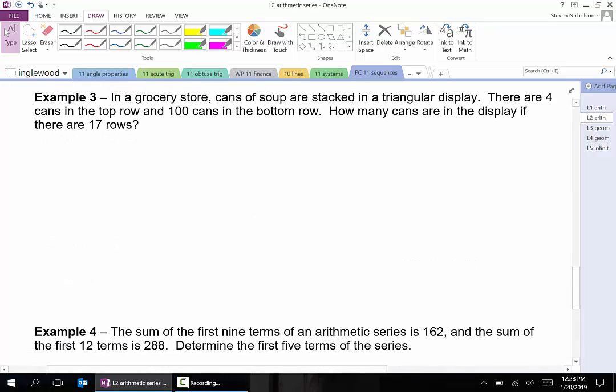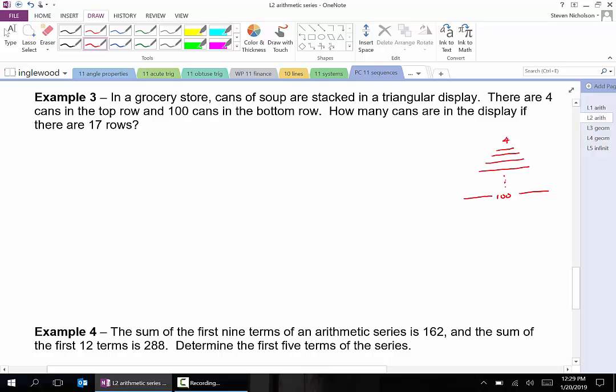So other examples that we usually see in these kind of questions are stacking questions or things like that. So here's another typical one. A grocery store stacks a triangular display of soup cans, and I'm going to kind of imagine a little picture. So on the top I have 4 soup cans, then I have more, and again it's triangular, so it's getting bigger and bigger as we go to the base, and I don't know how many there are, but in the very bottom one I know there are 100 soup cans.